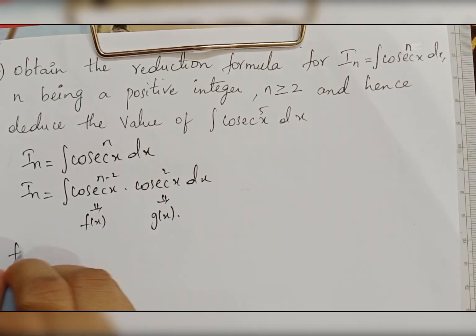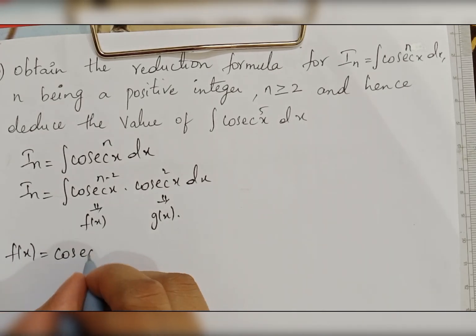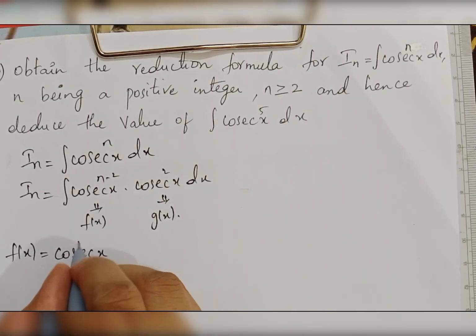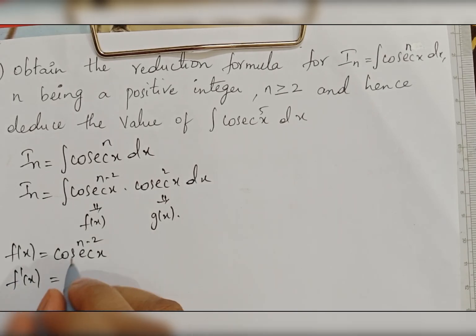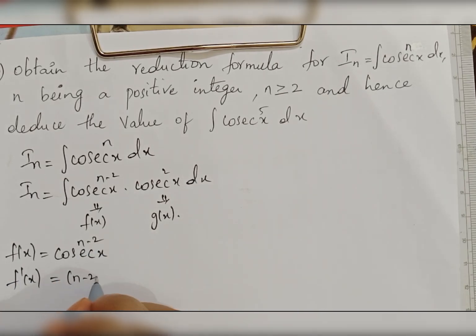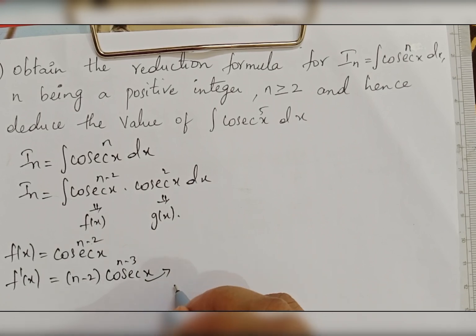Okay, so f of x is equal to cosecant x power n minus 2. f dash of x value will be, derivative of x power n is n into x power n minus 1, so n minus 2 minus 1 will be n minus 3, into its differentiation, right?